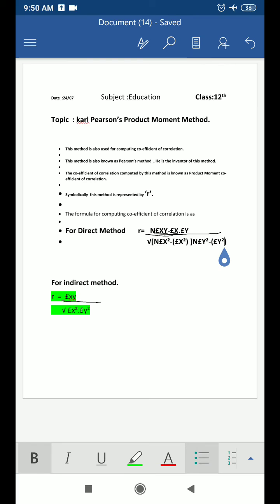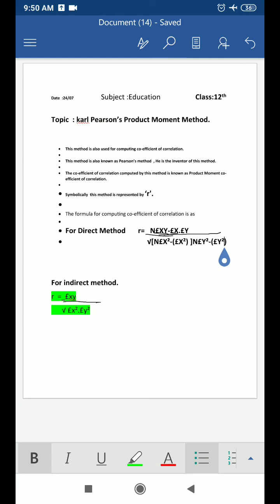For the direct method, the formula is r is equal to n into summation of xy minus summation of x into summation of y, divided by the whole under root of n into summation of x square minus summation of x whole square, into n summation of y square minus summation of y whole square. इसको हम आगे जाके पढ़ेंगे डायरेक्ट मेथड किसको कहेंगे.